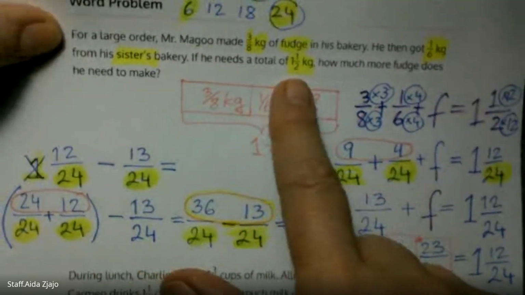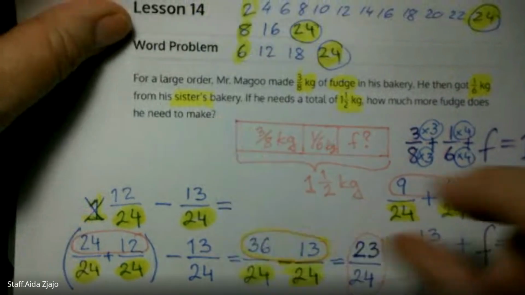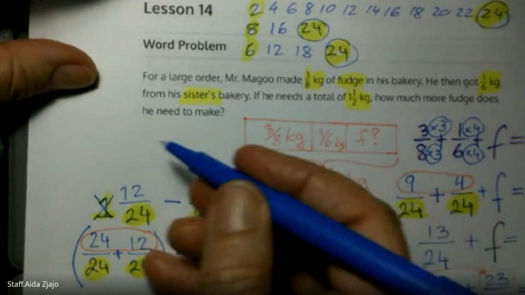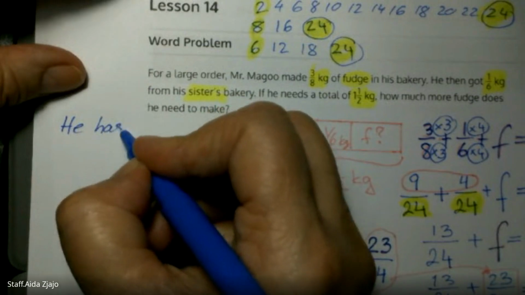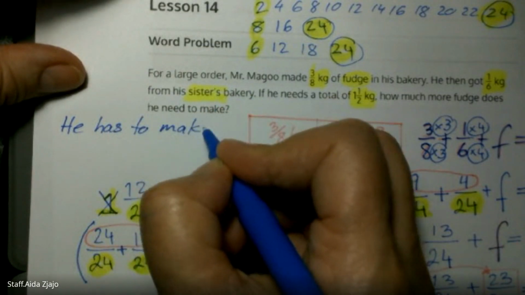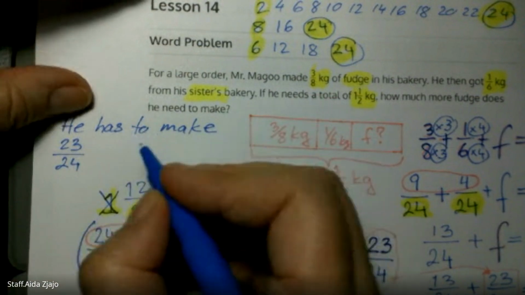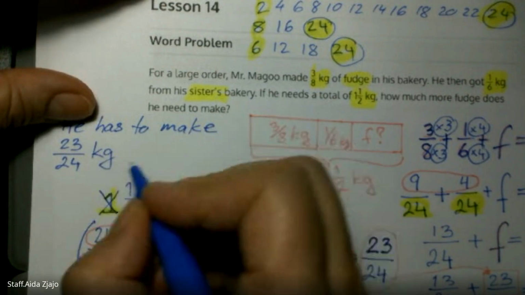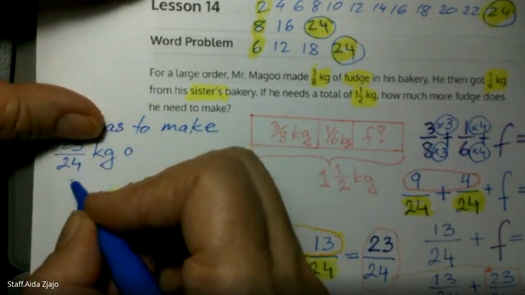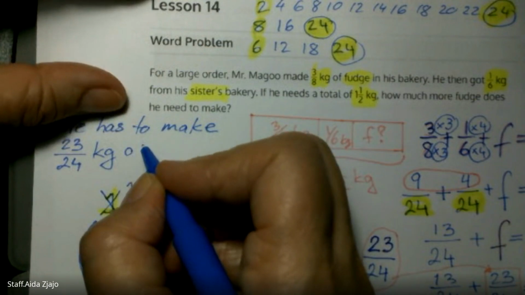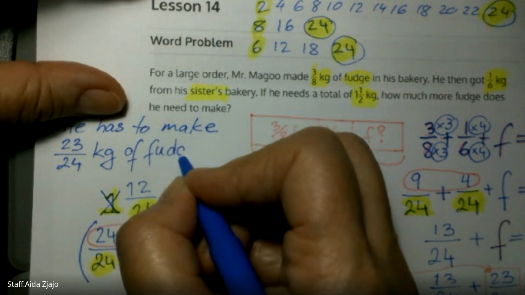Now we need to write our answer. If he needs a total of 1.5 kilograms, how much more fudge does he need to make? He has to make 23/24 kilogram of fudge.